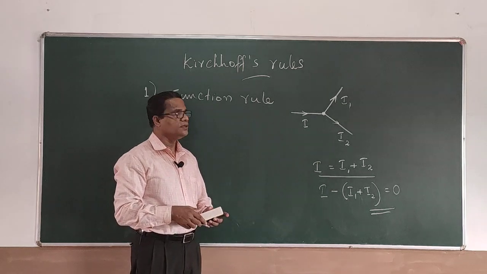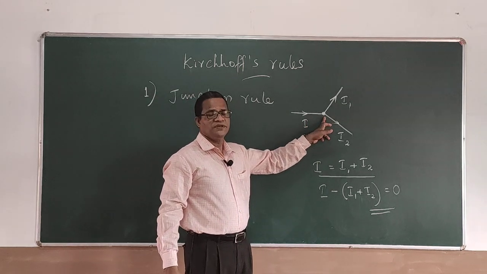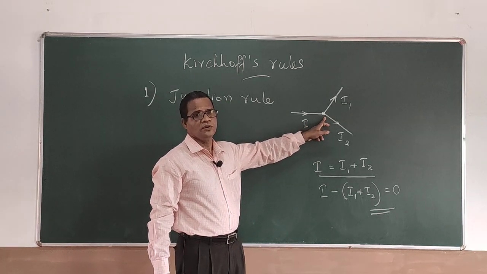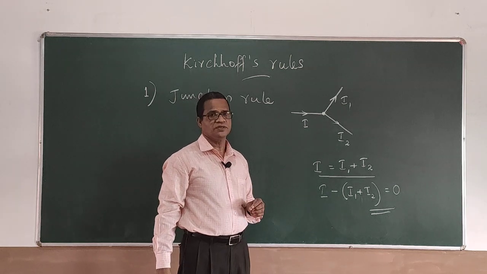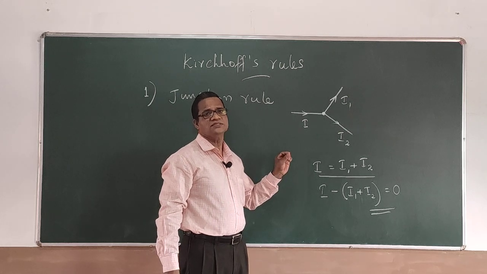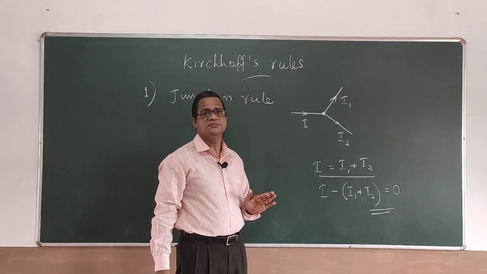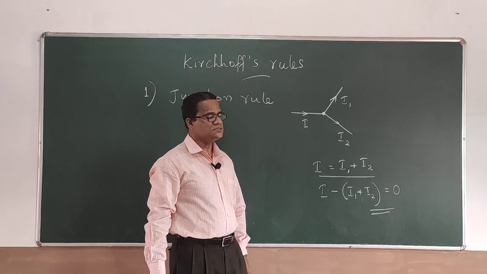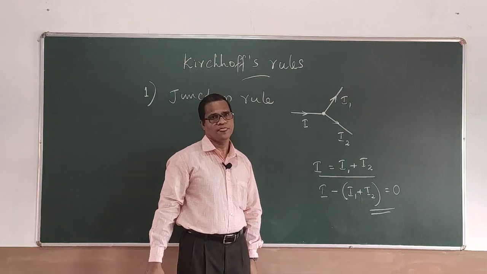That means at any junction of an electric circuit, the algebraic sum of the electric currents meeting at that junction will always be 0. This is the junction rule.